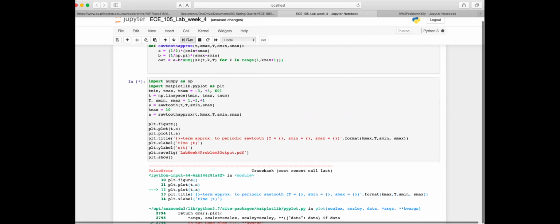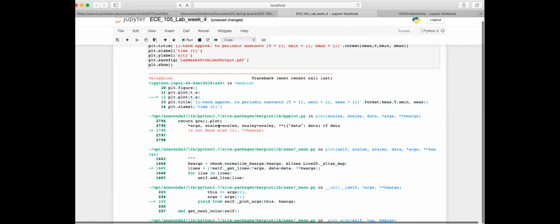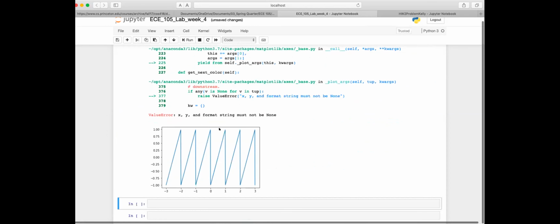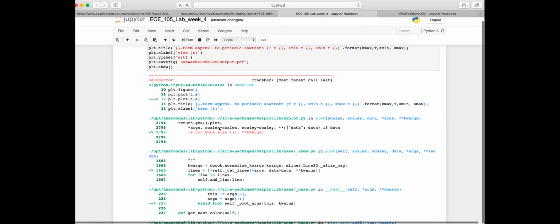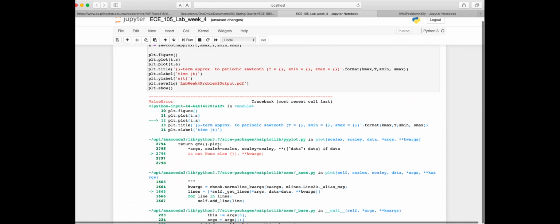What is the error we're getting this time? X and Y in format string must be none. Which line is it? It's giving me an error at plot.